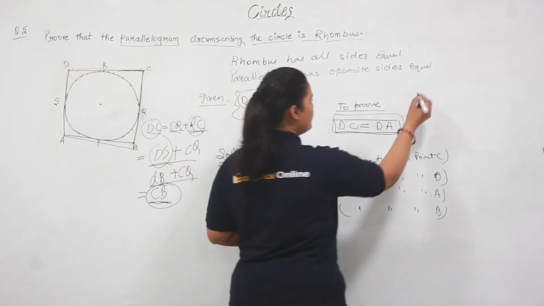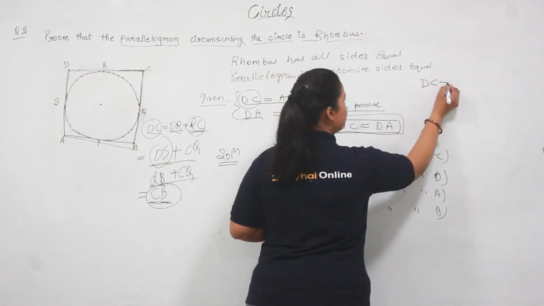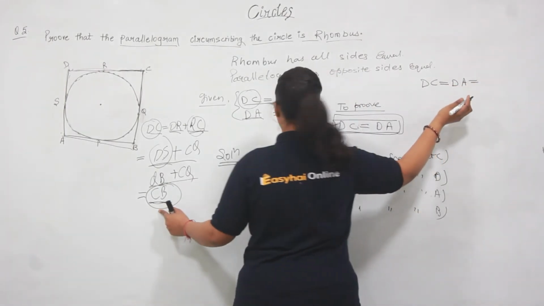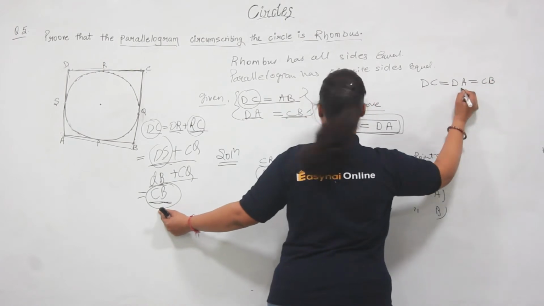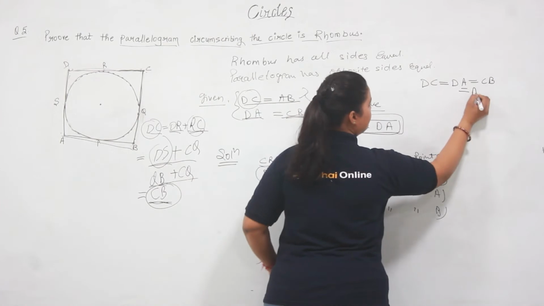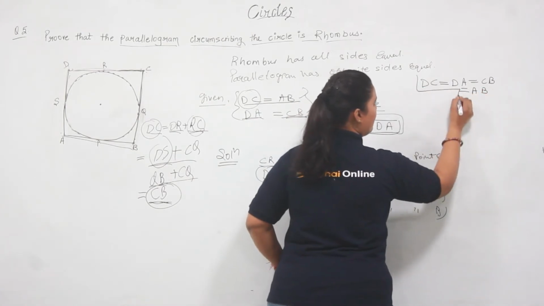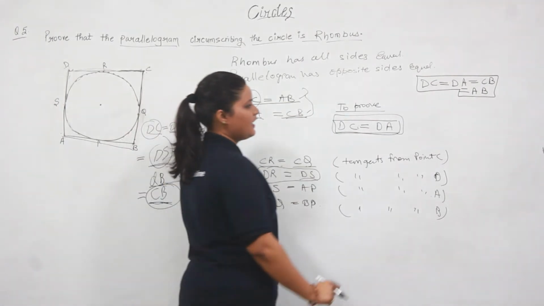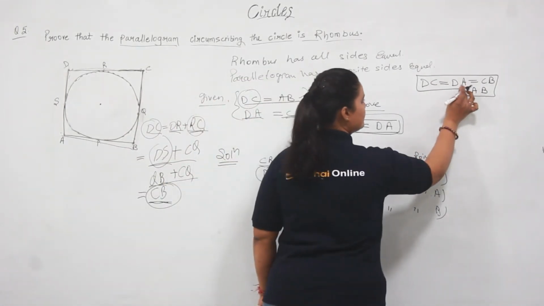So, by equation, I can say DC is equal to DA, equal to CB, and equal to the remaining line, that is AB. Clear? Hence, all the sides of the parallelogram are equal, that is why it is a rhombus.